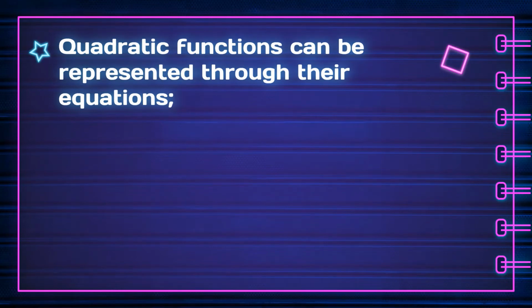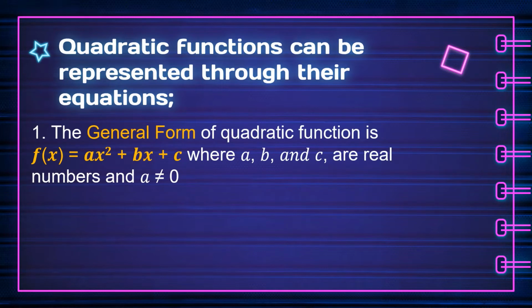Quadratic functions can be represented through equations, and it can be written in two forms. The first form is the general form of a quadratic function and is represented by f of x equals ax squared plus bx plus c, where a, b, and c are real numbers and a is not equal to 0.